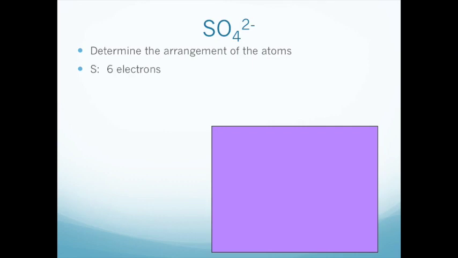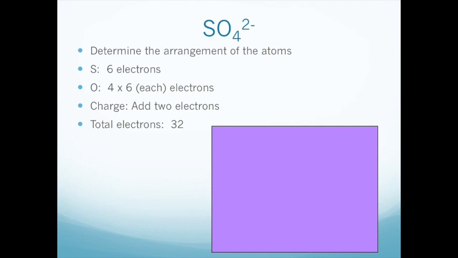Sulfur has 6 electrons, as do each of the oxygen atoms, and adding 2 electrons for the charge of 2-, brings the total electrons to 32. Sulfur is the central atom surrounded by the 4 oxygens.